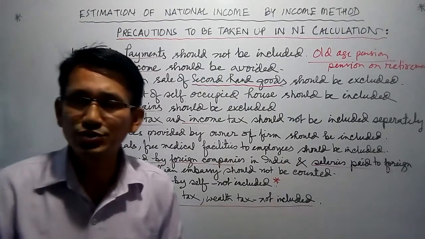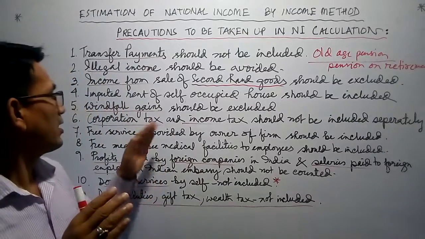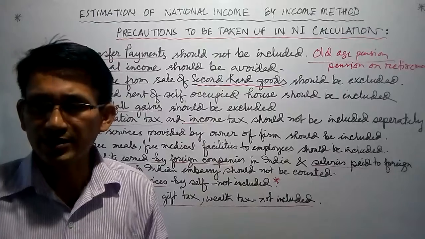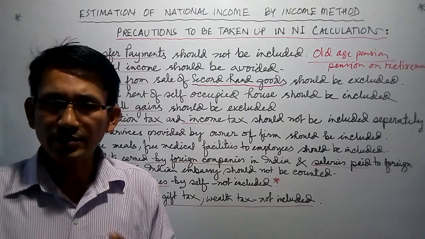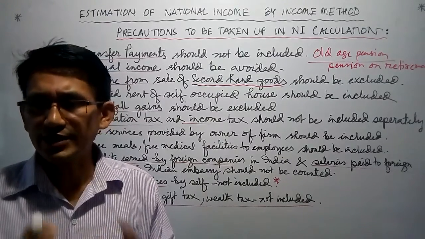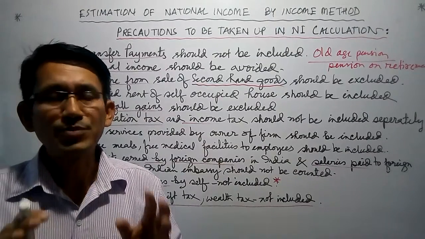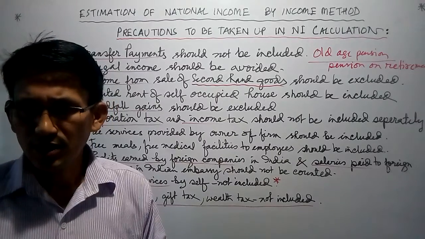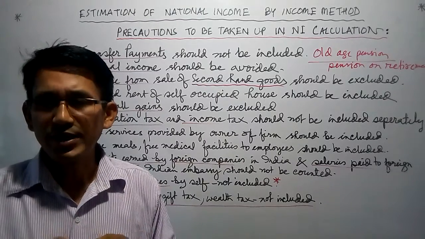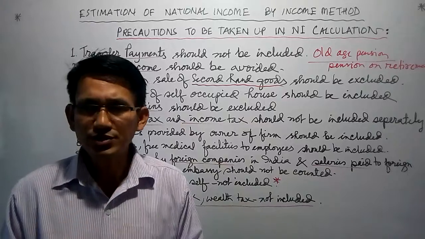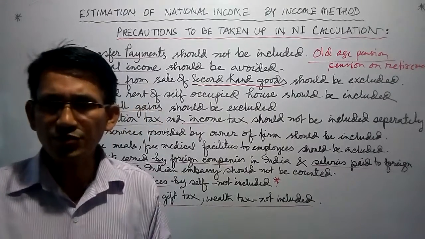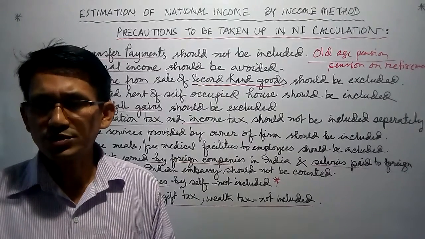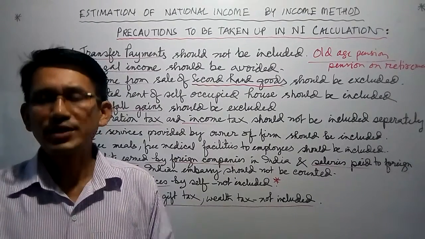Next point is windfall gains. Windfall gains should be excluded in the calculation of national income. For example, prizes won or income from lotteries are not included in the national income, as they are not considered a reward for any useful services rendered for the production of goods and services in a year.